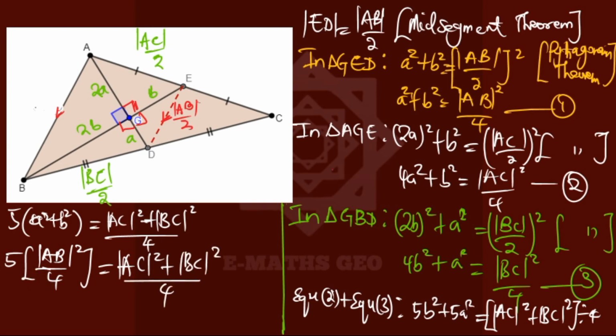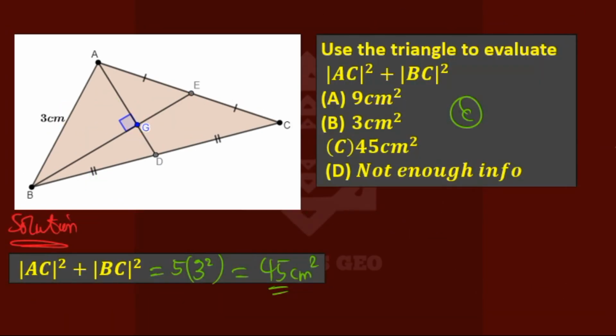So therefore, we've arrived at the theorem, the formula that I used in solving the question. Therefore, 5 times AB squared is equal to AC squared plus BC squared, which is the theorem or formula I used in solving this. AB is 3. So that is a tricky question, but still simple. Thank you.